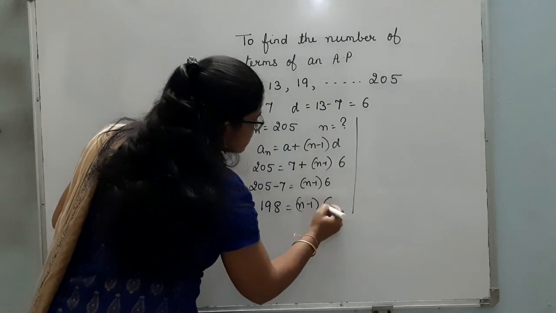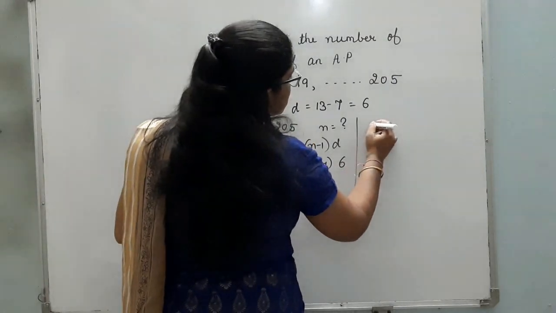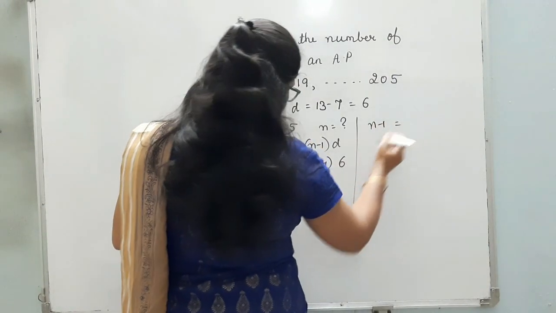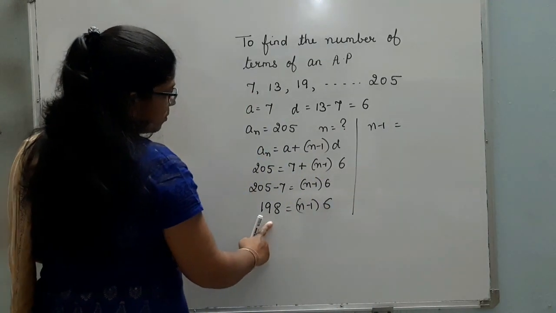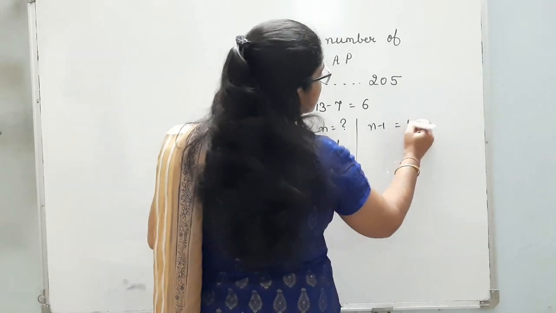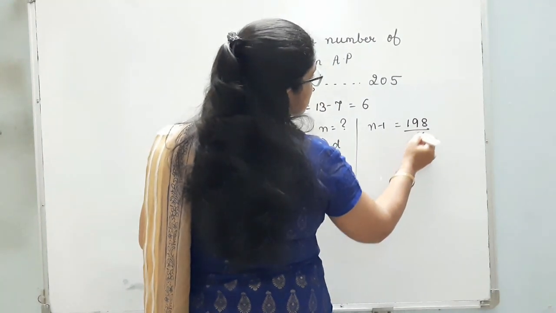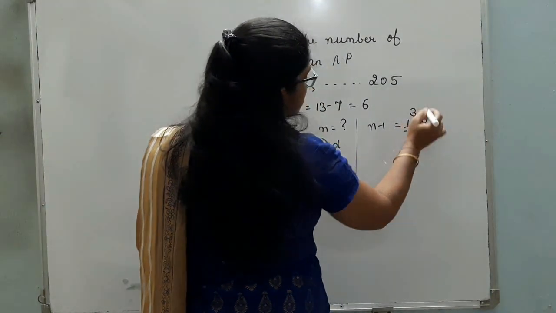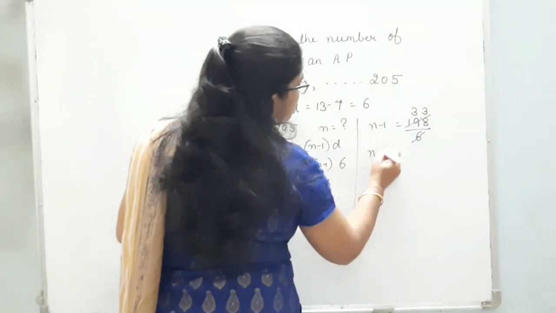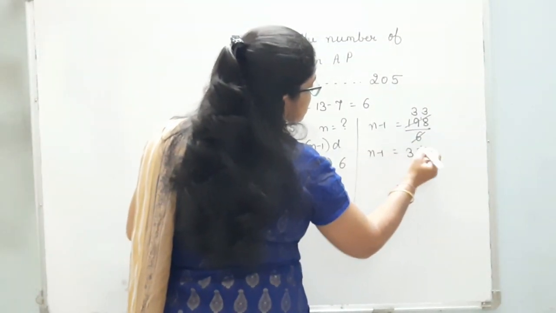Sorry, we have to write here 6. So here N minus 1 is, now this 6 will come here below 198. Is 198 divided by 6. 6 3s are 18, 6 3s are 18. So N minus 1 is 33.